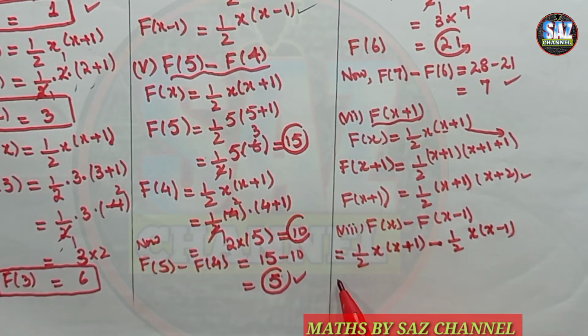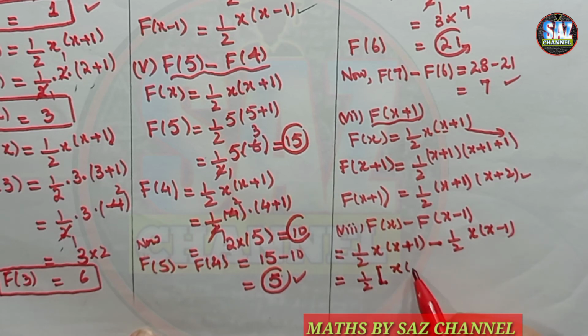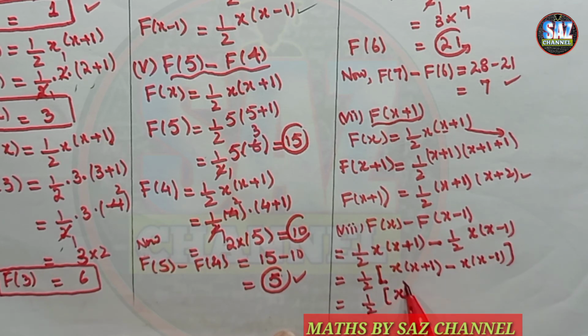So I hope we have done a lot about factorization by extracting common factor. Pull out 1 by 2 to make your calculation easy, and inside the bracket we will be left with x into x plus 1 minus x into x minus 1, and my next step will be half into x square.